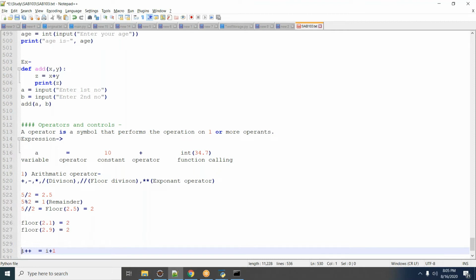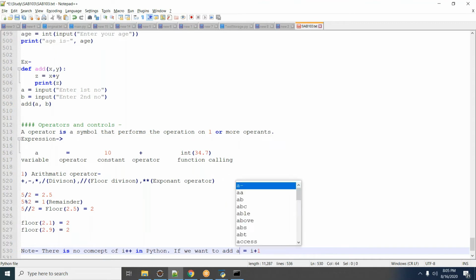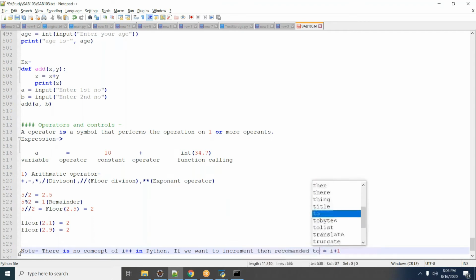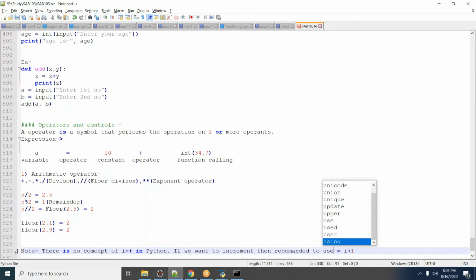There is no i plus plus in Python. In a future lecture, we will discuss this in detail.